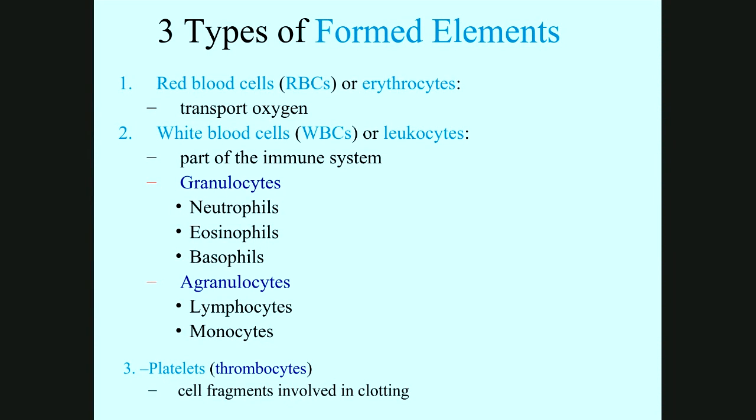You have two types of white blood cells. Either they are granulated, and we call them granulocytes, and we have three: neutrophils, eosinophils, and basophils, or non-granulated: lymphocyte and monocyte. And the third type of the formed element is the platelets. They are those cells that are involved in blood clotting.